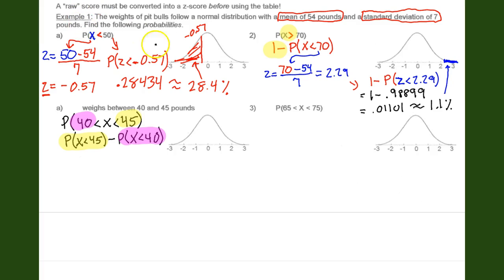Right, so just like the ones before, these are both x-scores, so we have to convert both of these to z-scores and then compare. And it's all the same standard deviation and mean that we're using. So instead of 50 or 70, we're just swapping out that one number to get a different z-score. We got 40 minus 54 divided by 7.